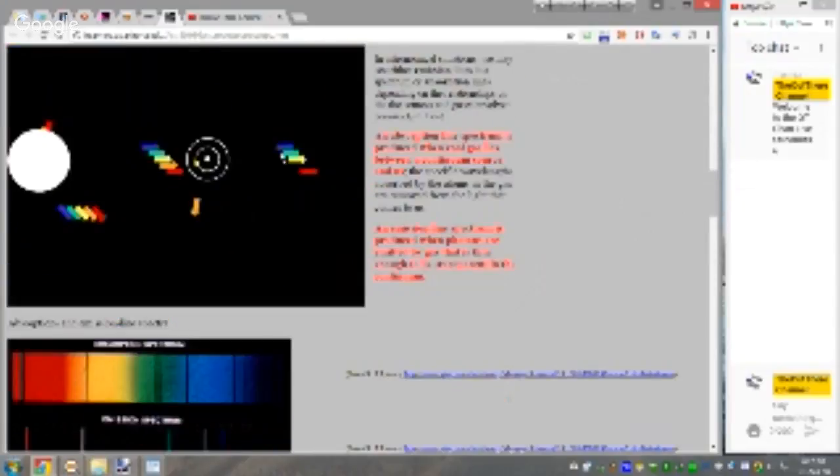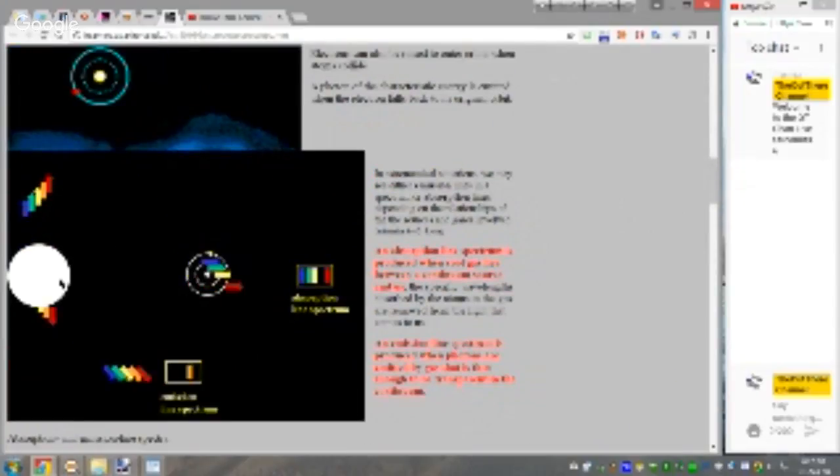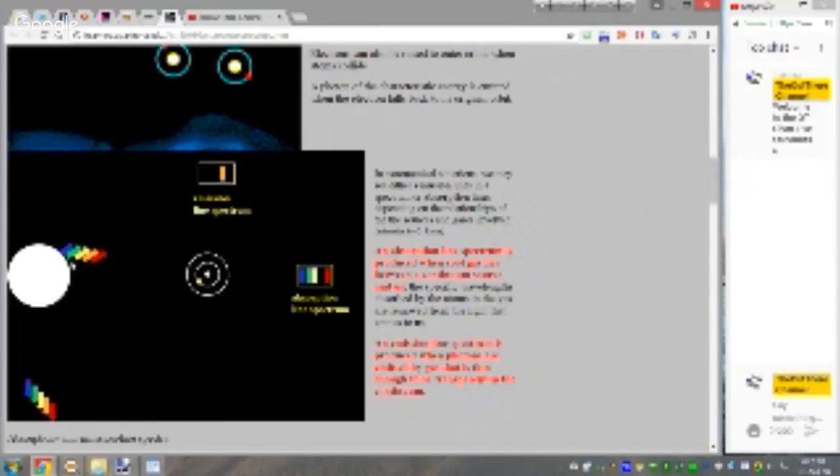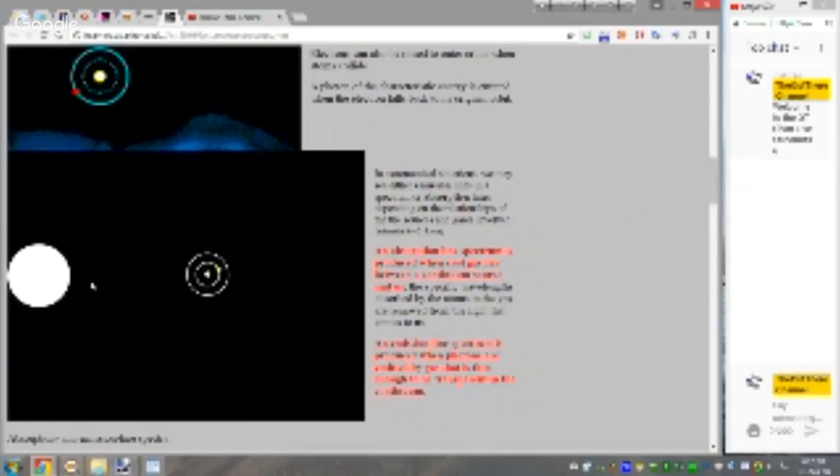And here's an example here. I'm not too sure, but if you have a look at this one here, you can see all the colors of the rainbow being transmitted. And when it intersects with this, was it helium, it loses one band of color there.